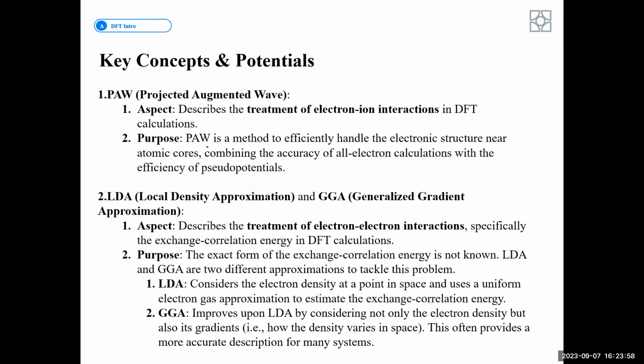The purpose of this one is a method to efficiently handle the electronic structure near atomic cores, combining the accuracy of all-electron calculation with the efficiency of the pseudo-potential. Pseudo-potential, maybe we can describe it as describing the structure of the materials.